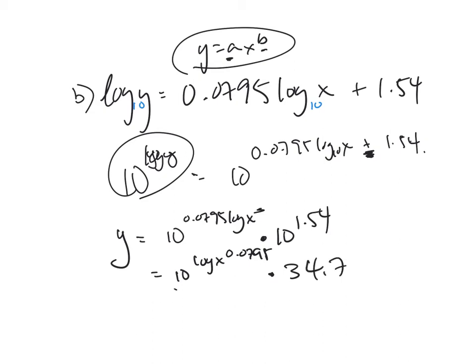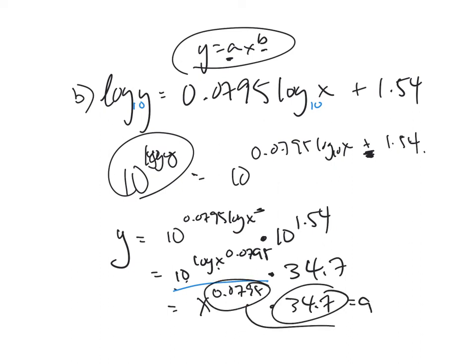When I work on this side here, the 10 and log cancel, and so it ends up being x to the power 0.0795 times 34.7.